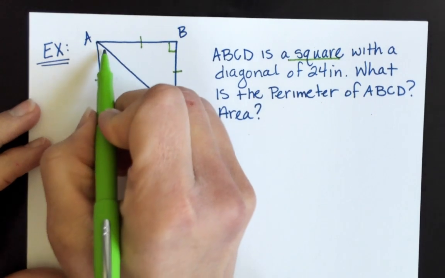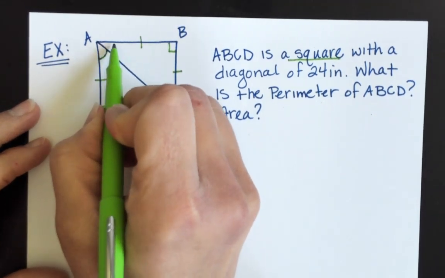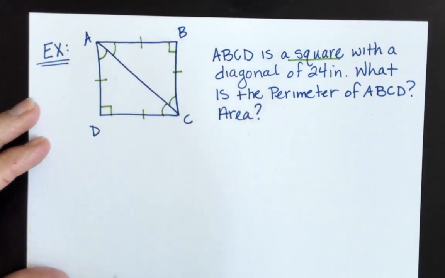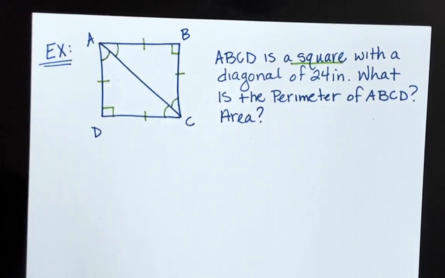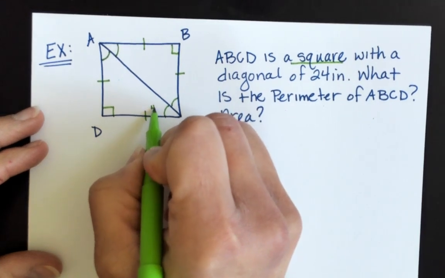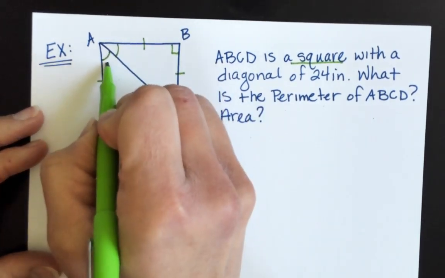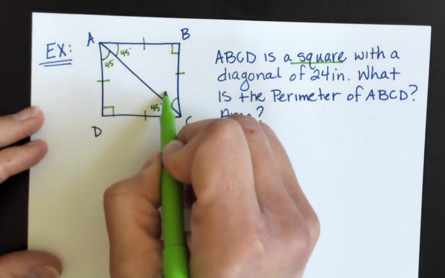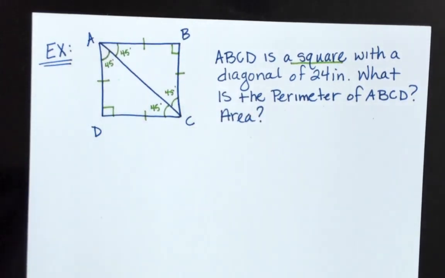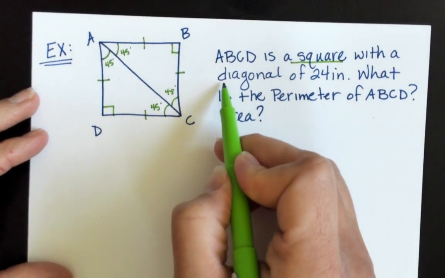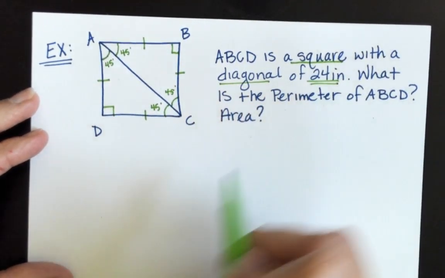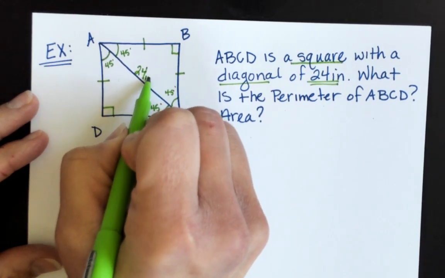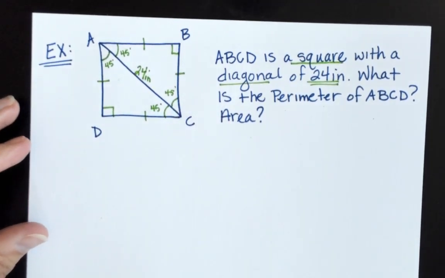We also know that all of our angles have been bisected by the diagonals and all of them are congruent. So right away, because of just the vocabulary, we know that we have 45, 45, 90 triangles everywhere. We also know that the diagonal is 24 inches long, so we're going to throw in the 24 inches here.